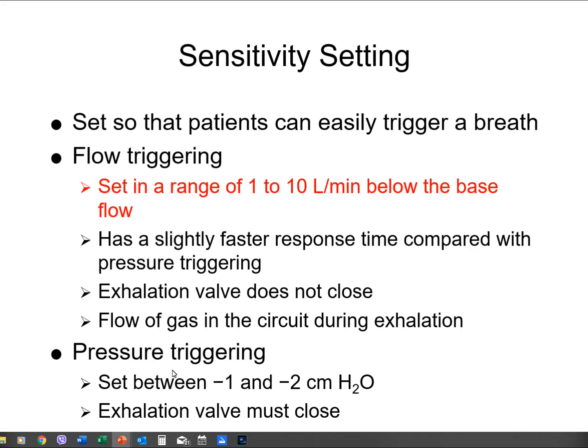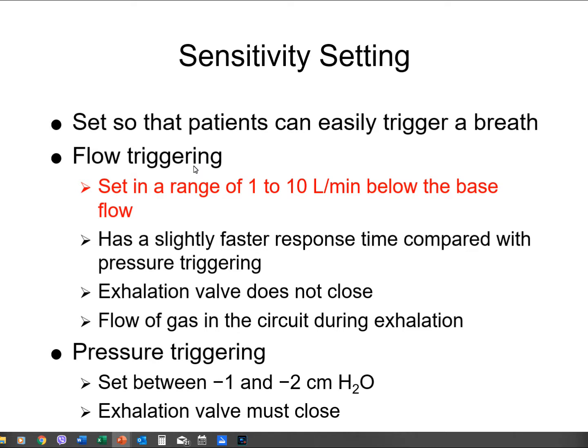Most of the time we deal with pressure, because we generate that negative pressure in order for the machine to kick in. Developing or generating that negative pressure is the way we normally breathe. So that's why a lot of times we're looking at pressure triggering rather than flow triggering.